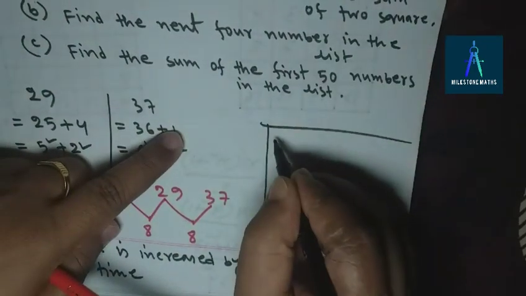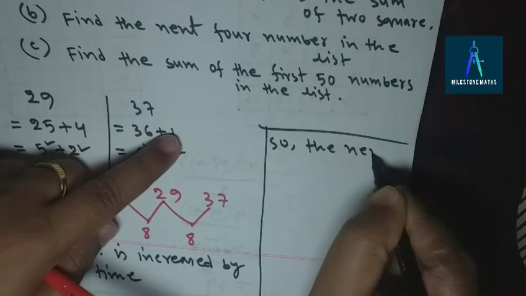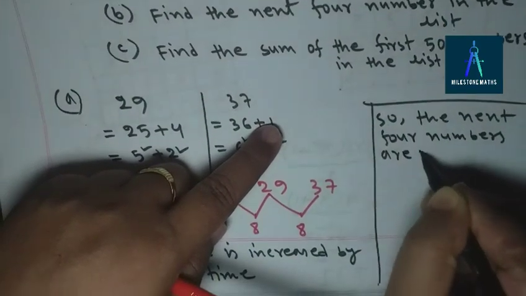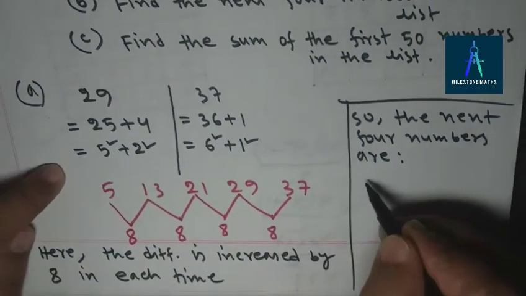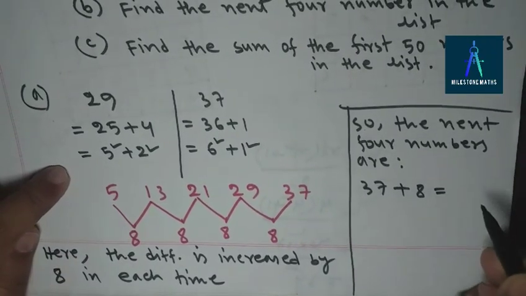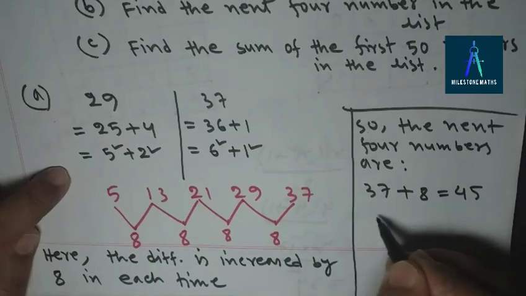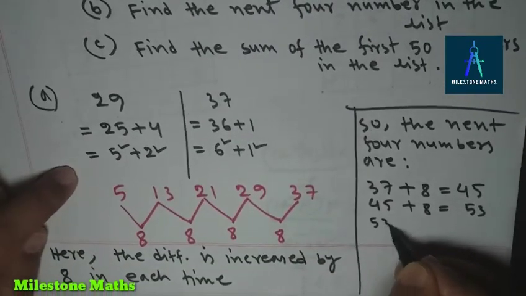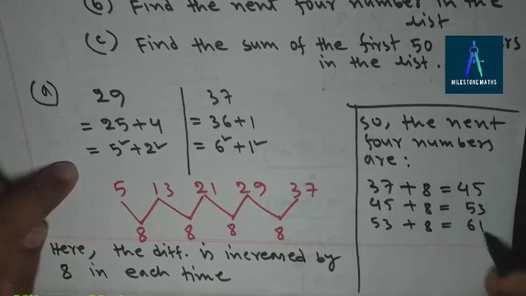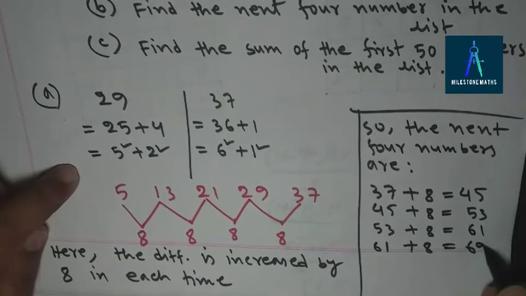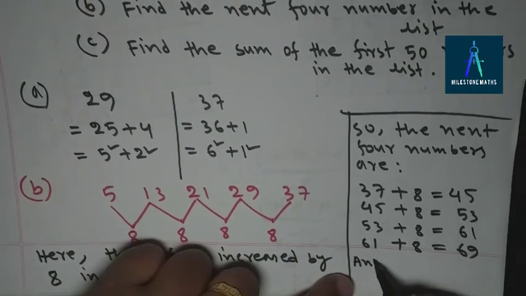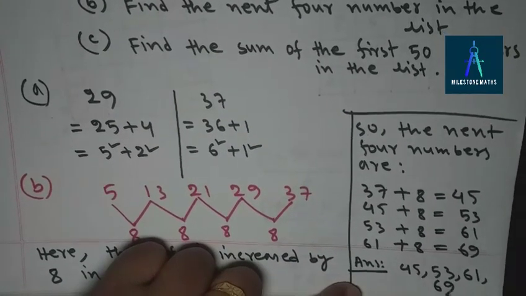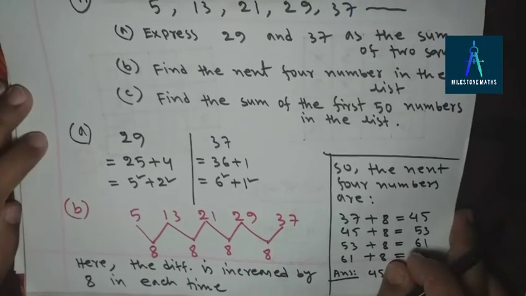So the next 4 numbers are 37 plus 8, 45, then 45 plus 8, 53, then 53 plus 8, 61, then 61 plus 8, 69, and at last we will write the answer: 45, 53, 61, then 69.